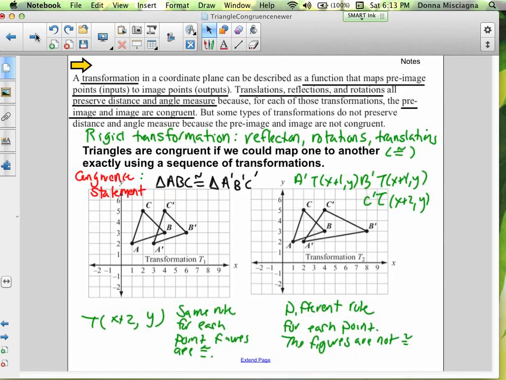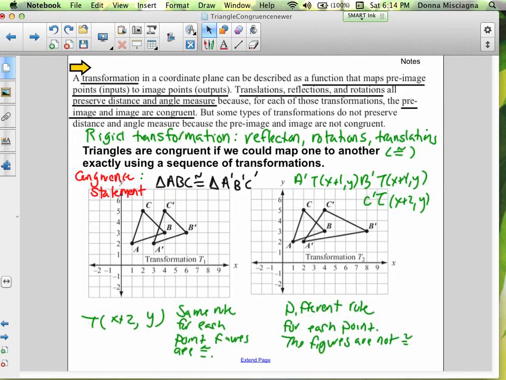All right, so I'm going to use my handy dandy little arrow here to try to show you where I am, because I can point, but you can't see it. So my arrow is going to point for me. A transformation in a coordinate plane can be described as a function that maps pre-image points (inputs) to image points (outputs).